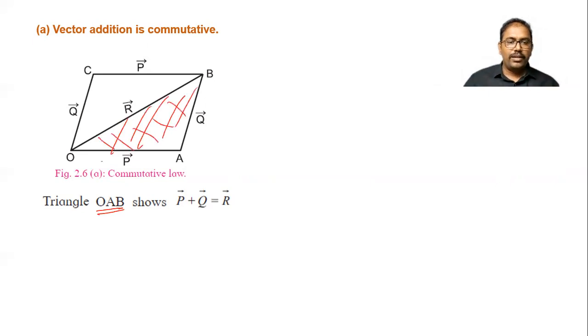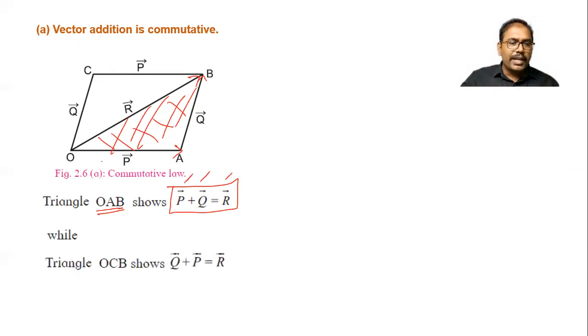So apply the triangle law to this. So this first vector P bar, second vector Q bar is equal to this third vector R bar. I hope you understood this. P bar plus Q bar is equal to R bar by triangle law. First side plus second side is equal to third side.